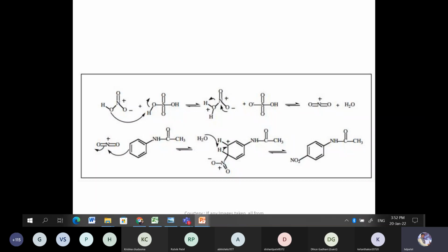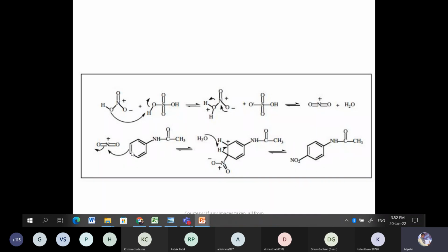The reaction mechanism, as I said, the first step will be the same. Nitric acid will react with sulfuric acid. We will get NO2+, and then NO2+ will react with acetanilide. As per the directing effect of NHCOCH3, it is ortho-para directing, but the most stable resonating structure is at the para position.